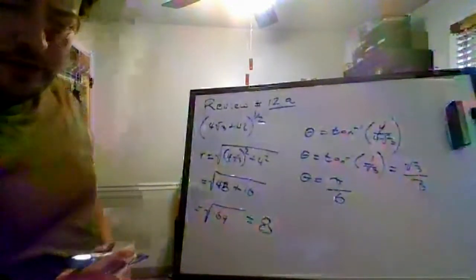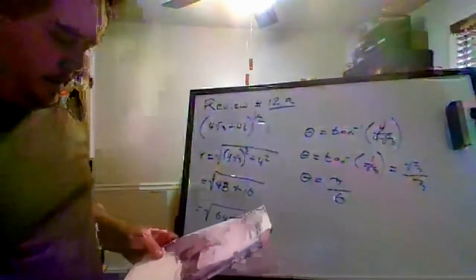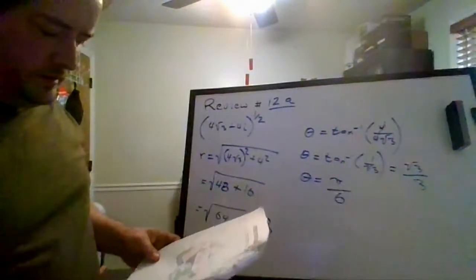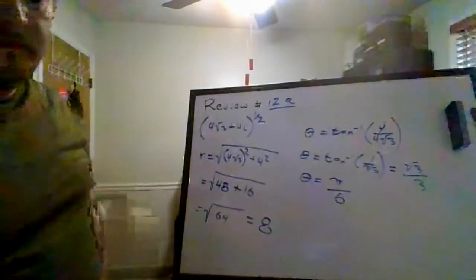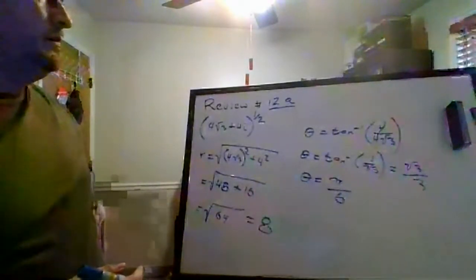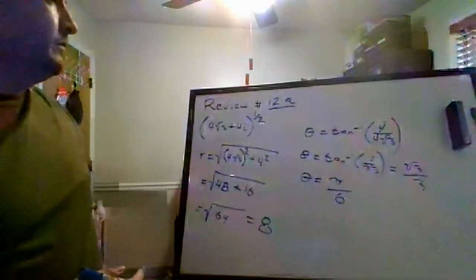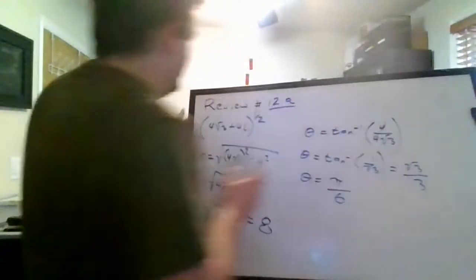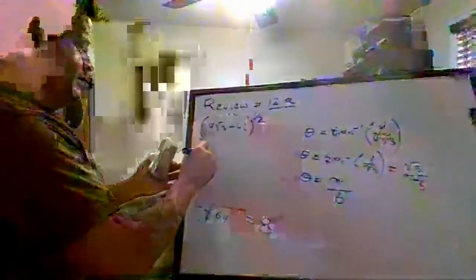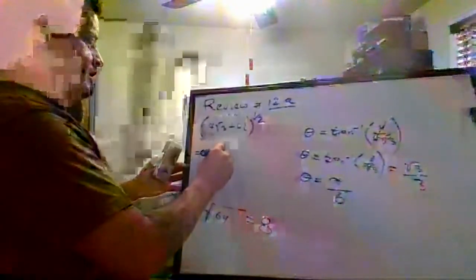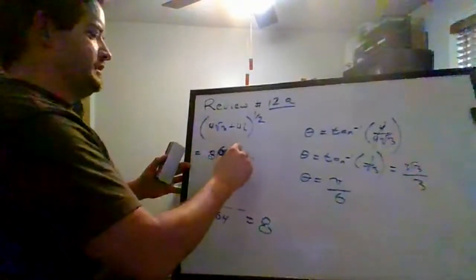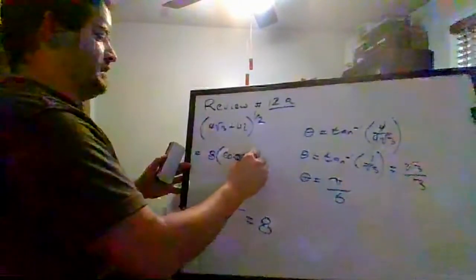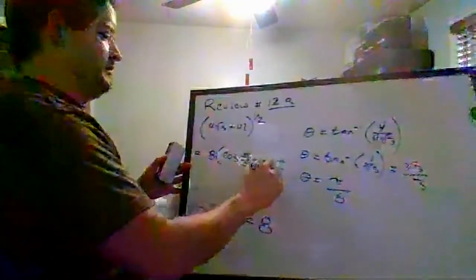I have pi thirds written on my sheet here, but I don't think that's right. It's pi 6. Okay. So I'm going to erase this here, rewrite this top portion as 8 times the cosine of pi over 6 plus i sine of pi over 6.